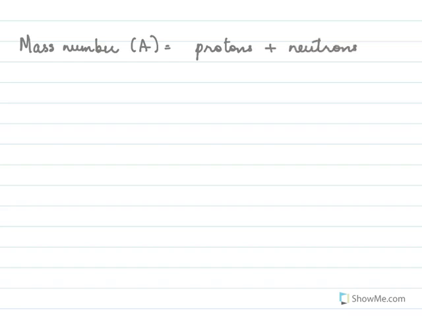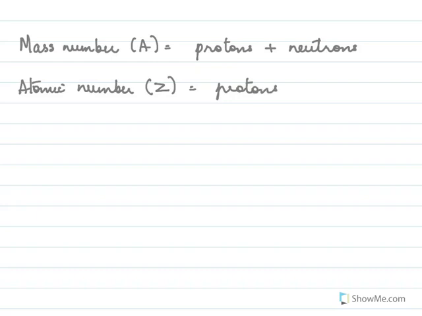So we learned that mass number, which is denoted as A, is equal to protons plus neutrons, and we have the atomic number, which is denoted as Z, equal to protons.